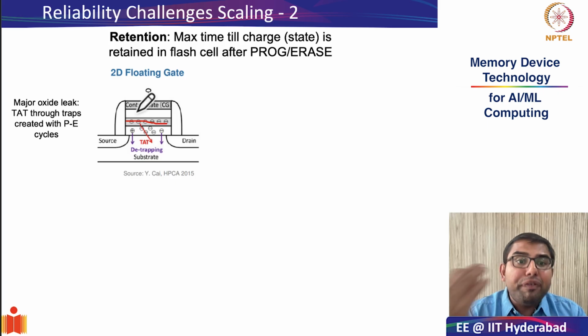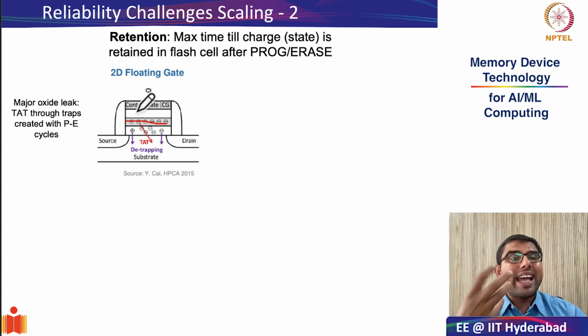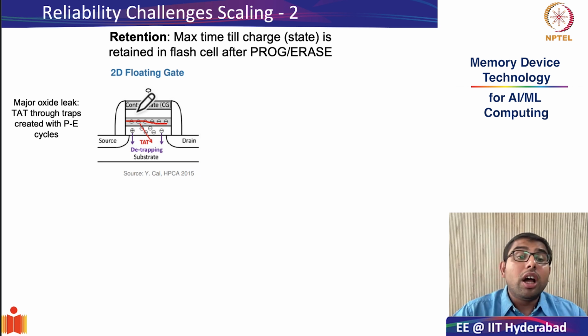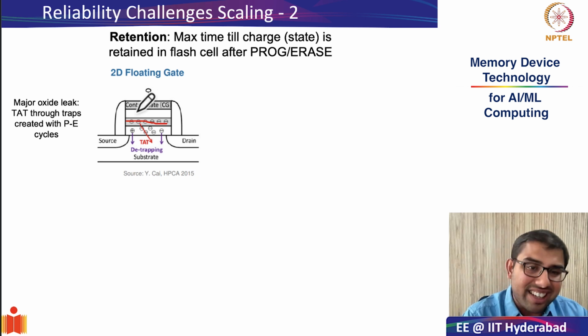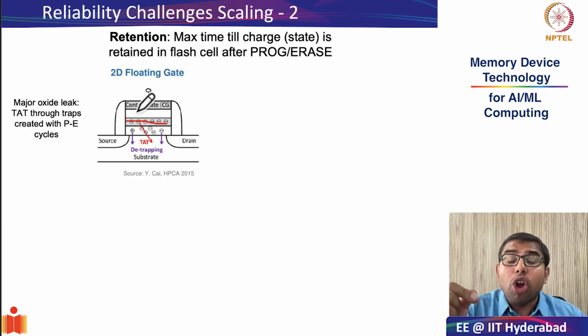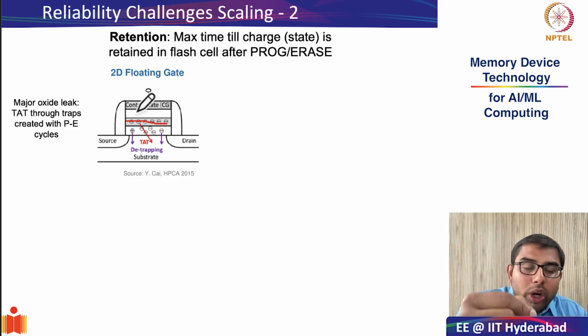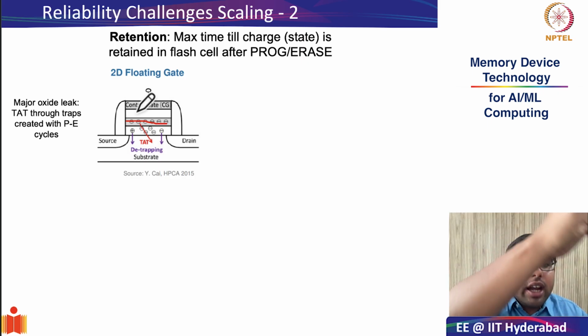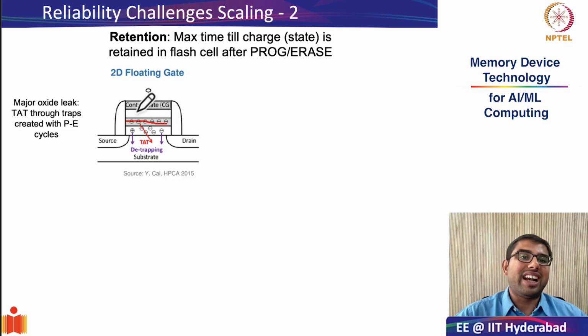When there are defects, a new mechanism, other than direct tunneling and Fowler-Nordheim tunneling, called trap-assisted tunneling comes into the picture. In trap-assisted tunneling, electrons can hop from the charge storage layer into intermediary traps and then go off into the substrate, right? So this is the primary mechanism in the 2D floating gate transistor.